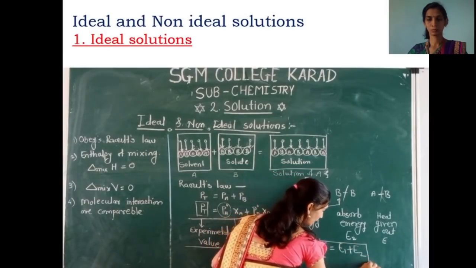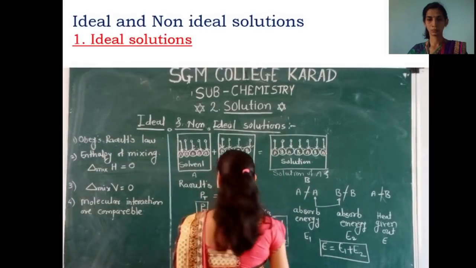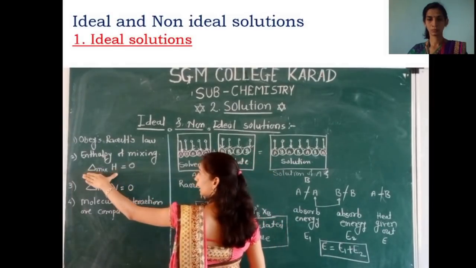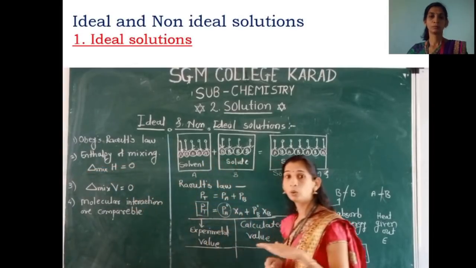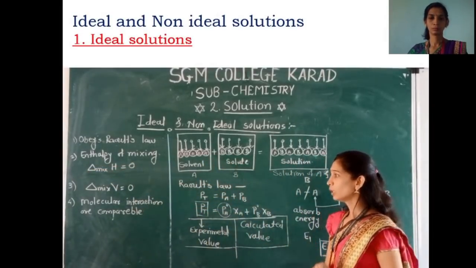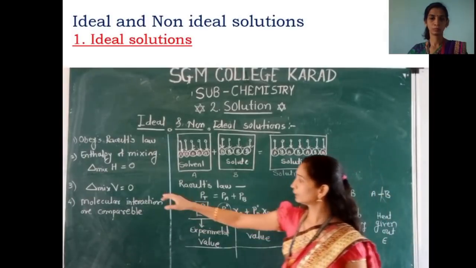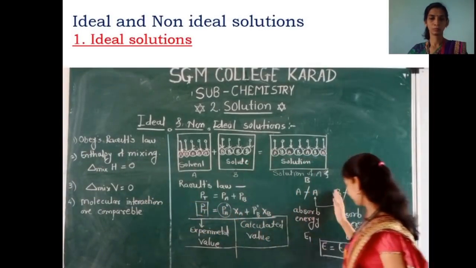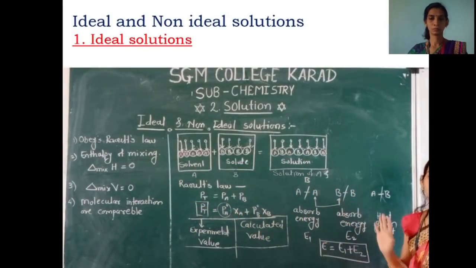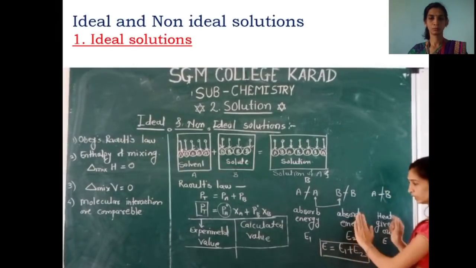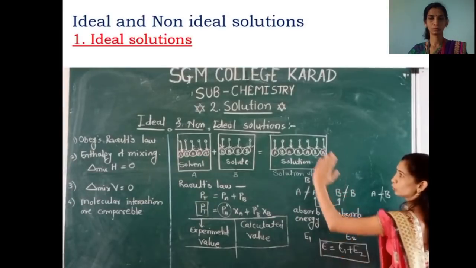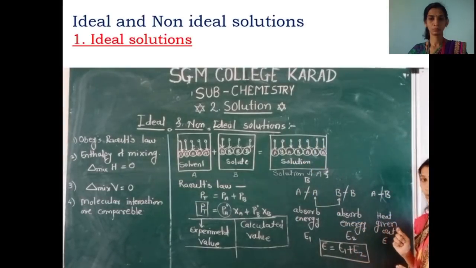Both energies are the same. Then the enthalpy of mixing, that means delta mixing H, is equal to 0. Now, the next third point, from this we understand that the solution is an ideal solution. The value of E is equal, that means both energies are the same, then that solution is our ideal solution.